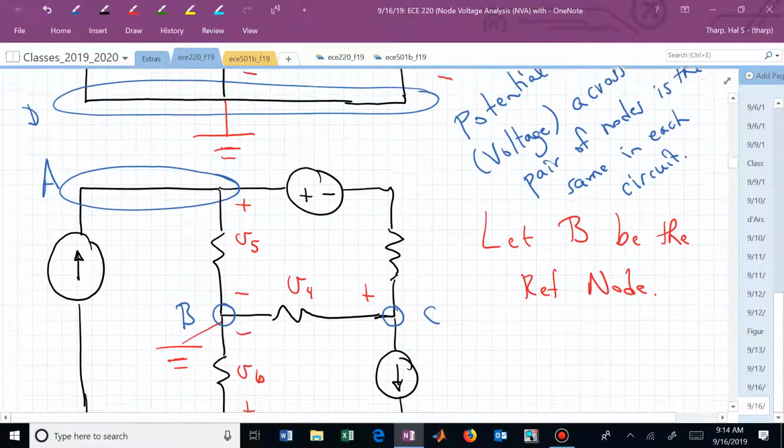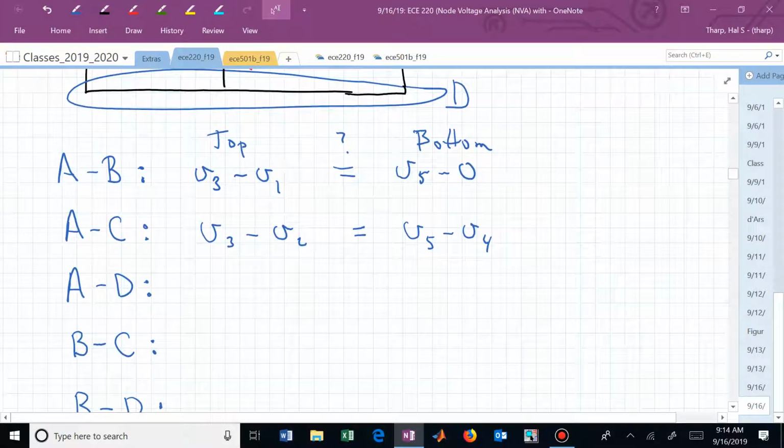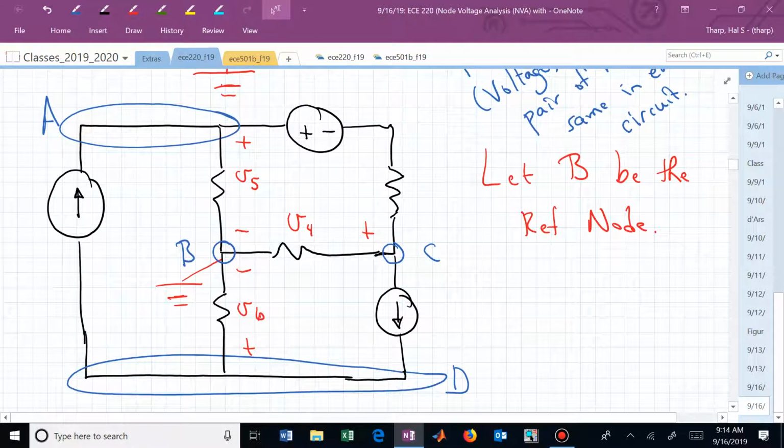What about A to D in the top circuit? Are you getting the hang of this? If you now need to find the voltage dropped from A to D, that's V sub 3 minus 0. 0 is the potential we're assigning to the common node or the reference node. This is now V sub 3 minus 0. And in the bottom circuit, the drop from A to D, V sub 5 minus V sub 6.